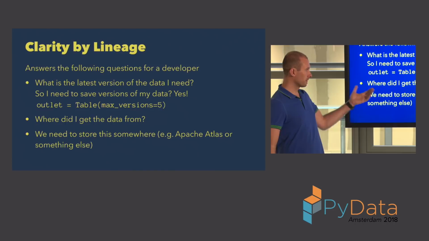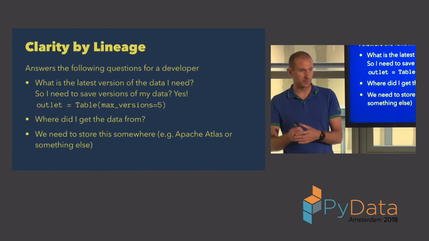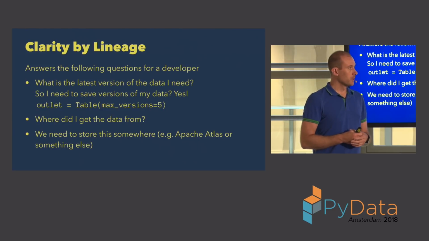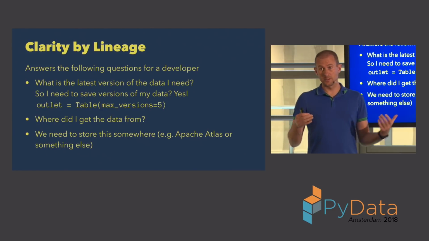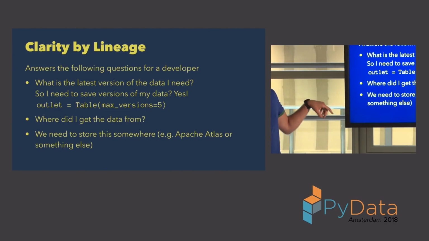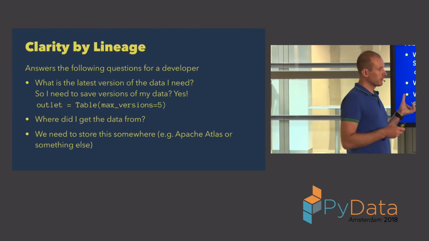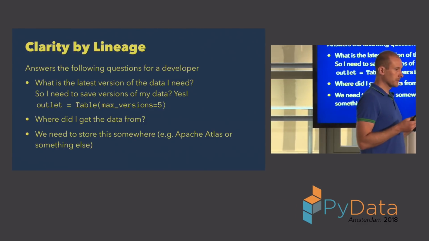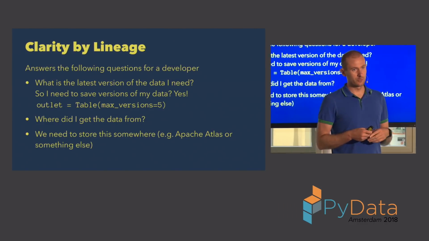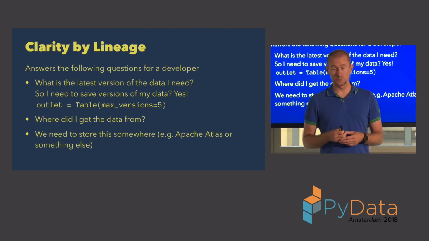So we talked about the partitioning, that you need to have the idempotency also available within your data. But also with GDPR involved, we like to also know where the transformations happen. And this answers, if you talk about clarity, and we talk about clarity by lineage, this answers the following questions for developers, but also for the business users.